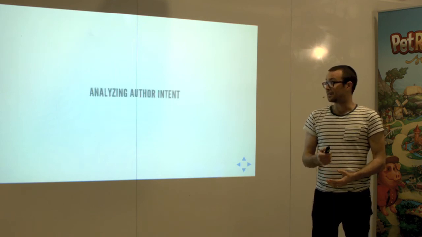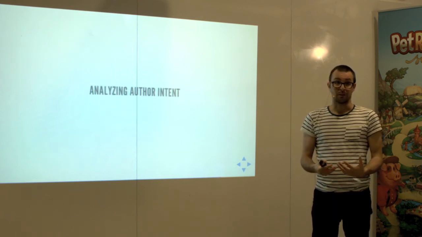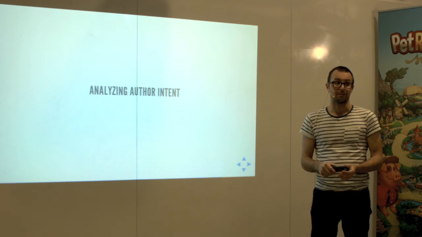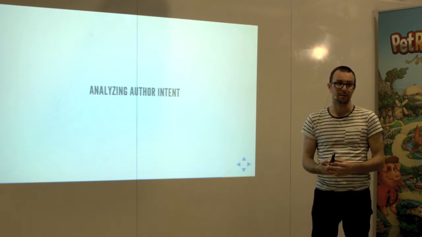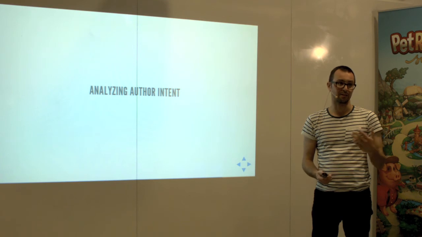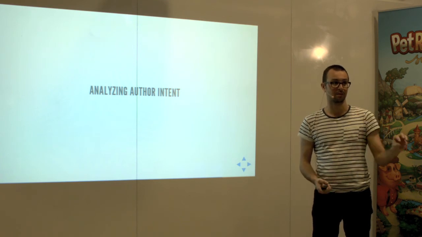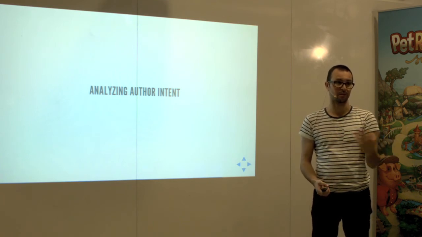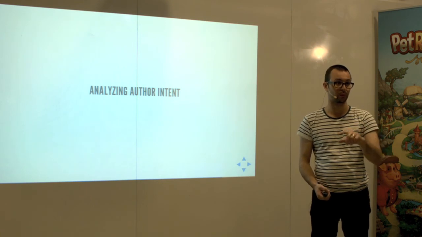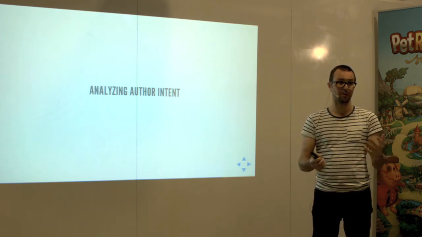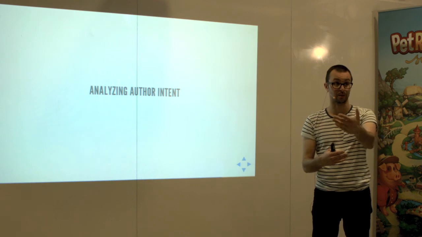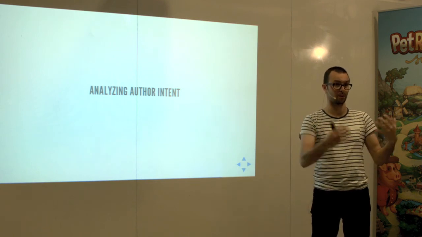And author intent by far is the hardest. What does it mean when a template argument is used as a parameter to cout? Is that who's responsible for that, the author or the user, or both, or neither?